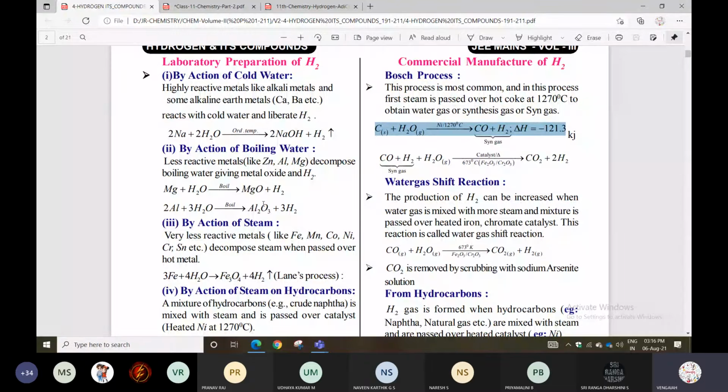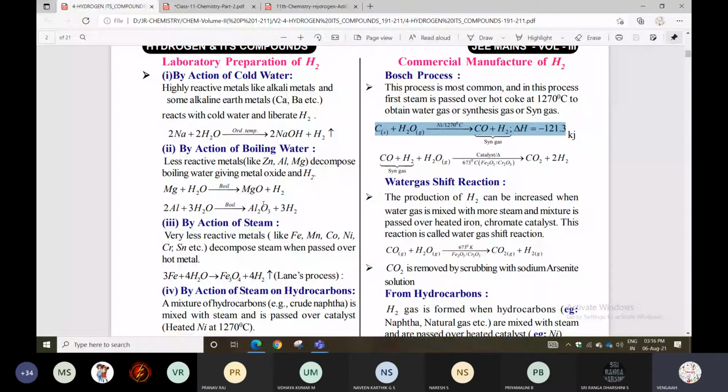So listen, first one is metal plus water forms base plus hydrogen. Metal hydroxide, metal oxides are given. Here it mainly depends on the metal reactivity series. Highly reactive metals form metal hydroxides, while moderate and low reactive metals form only metal oxides.